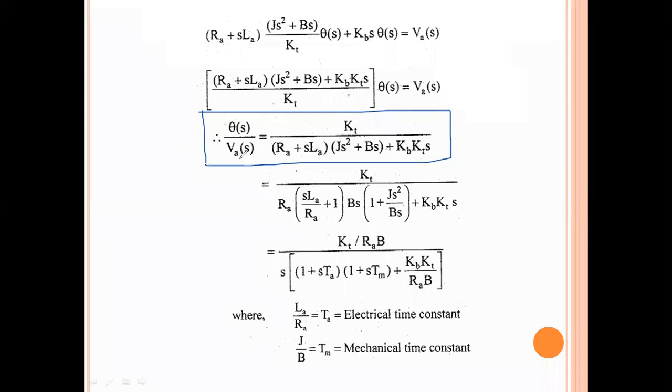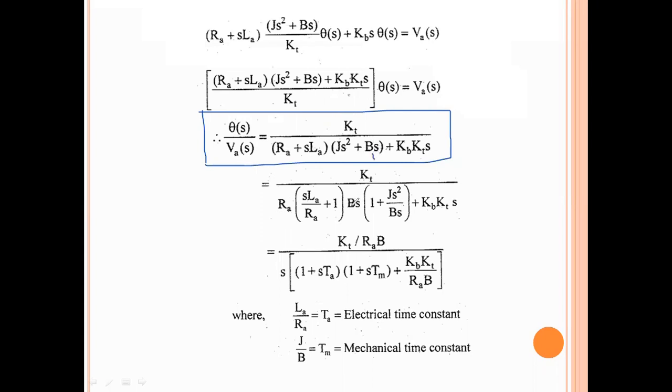So for that, in the first term, take RA as common so that we will get 1 plus S term. In the second term, BS is taken as common, because I need to get 1 here.